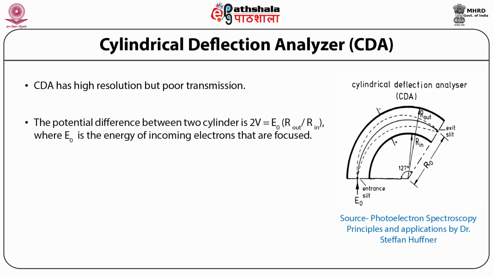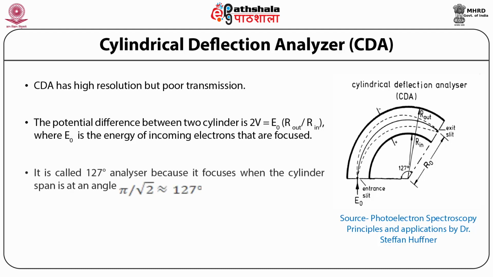The potential difference in a CDA is actually 2V, which is given as 2V = E0 × (R in / R out), where E0 is the energy of incoming photoelectrons in electron volts that are focused. These analyzers have high resolution, however, the transmission is low. It is called a 127 degree analyzer because it focuses when the cylinder span is at an angle of 127 degrees.